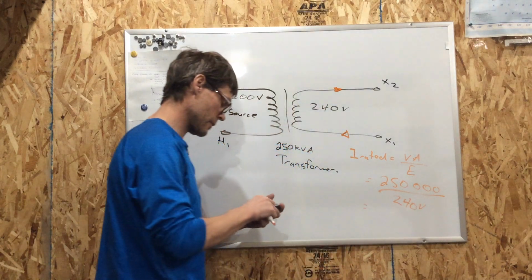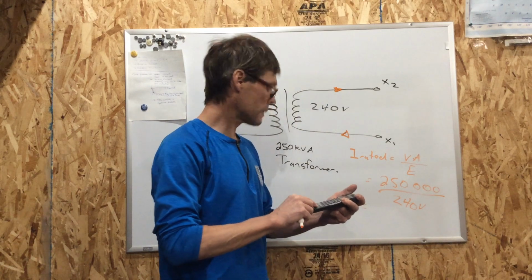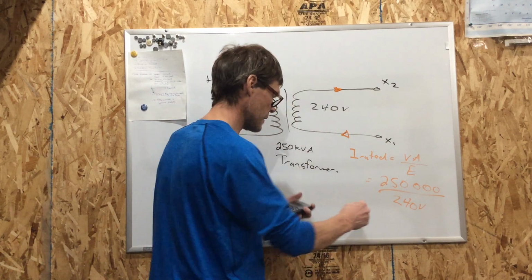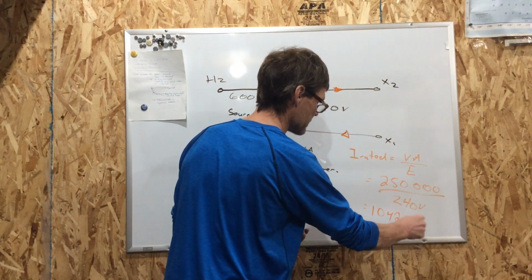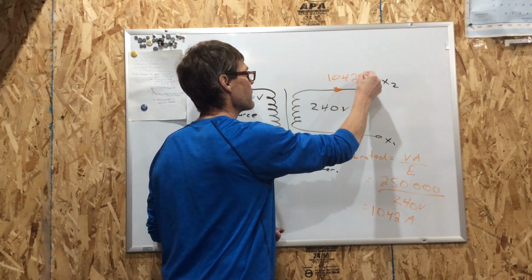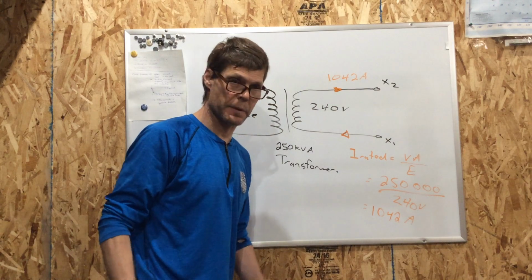So we get this current here, 250,000 divided by 240. That's a lot of current, 1,042 amps. That's the most current that you can put through. It's going to be a very large transformer.